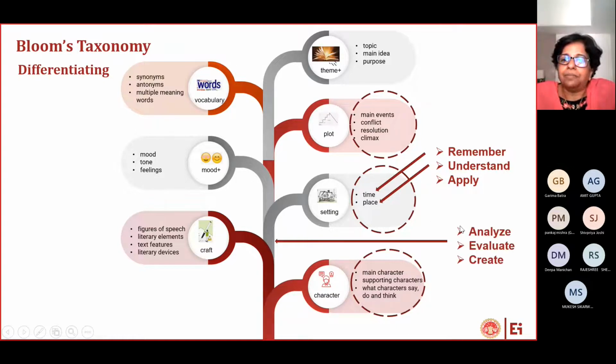If you're checking for setting as a whole, you will say, how does time and place interact to make the setting? Those kinds of things. Is this clear? The granular level and the conceptual level. Any questions?